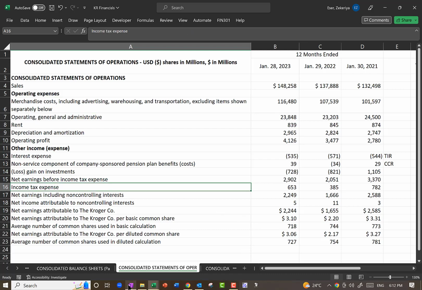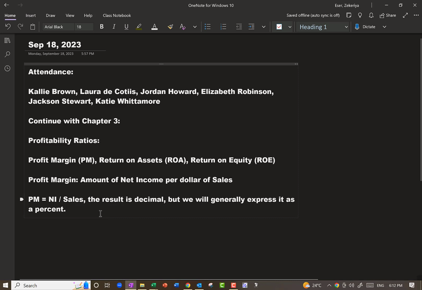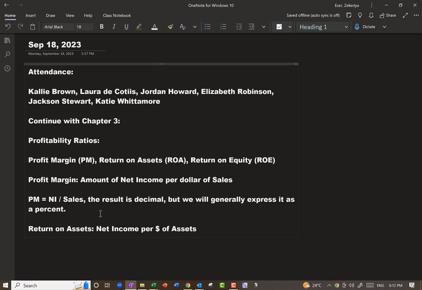All right. Now, next, return on assets. This is net income per dollar of assets. Hence, ROA is net income divided by TA, which is short for total assets.